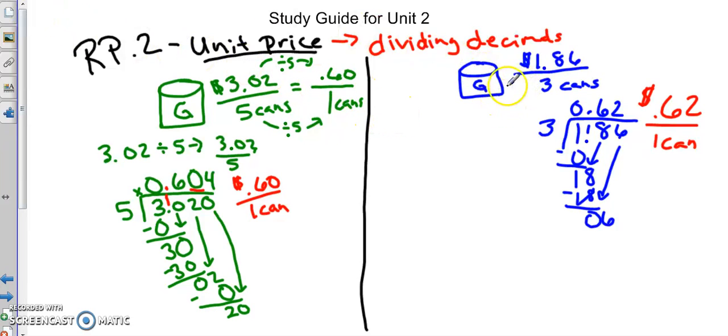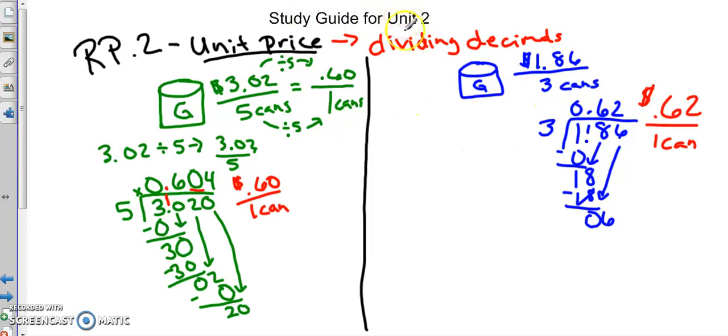It seems as though the $1.86 would be cheaper, but the $1.86 is for 3 cans and the $3.02 is for 5 cans. So to compare and see which one is actually cheaper per unit, we need to find the unit rate. So 60 cents for 1 can is for the green can of green beans, and 62 cents for 1 can is for the blue can.